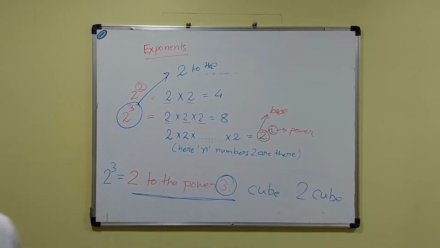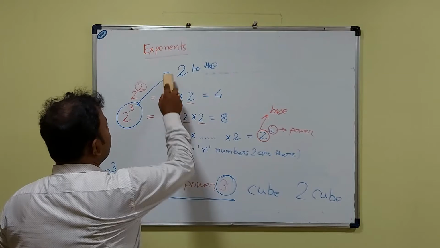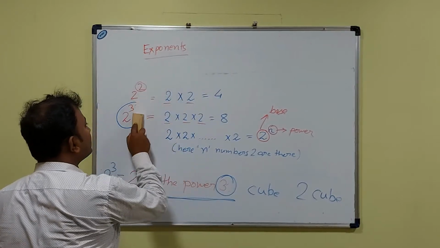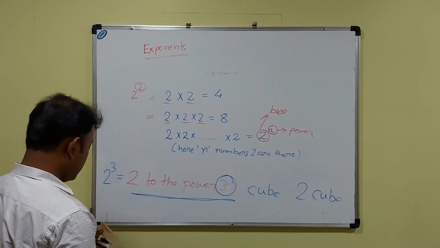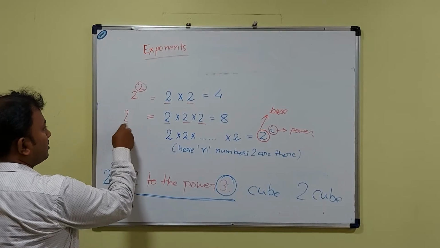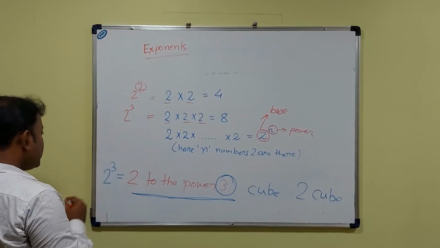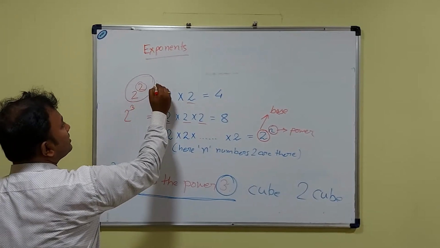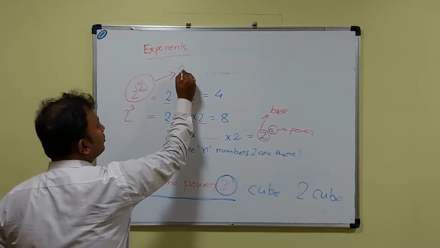Similarly, this 2 square is 2 to the power 2.